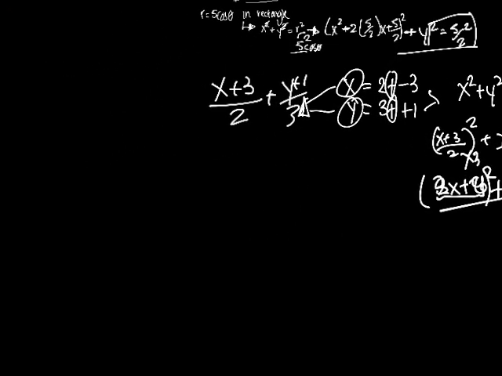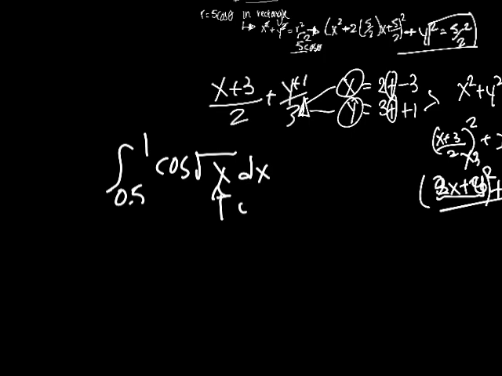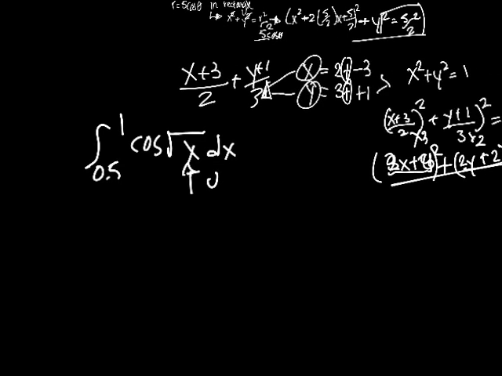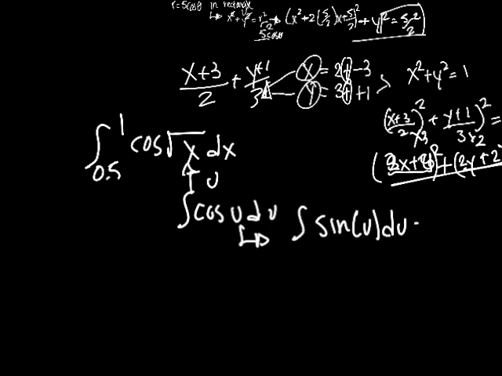Alright, now going into the last question, we can say that 0.5, it's asking us to integrate 0.5 cosine square root dx. And how I did this is I applied u sub. And once I applied u sub, I knew that once you write cosine of u du, it also can be written as a trig identity, which is sine u du is equal to negative cosine u.